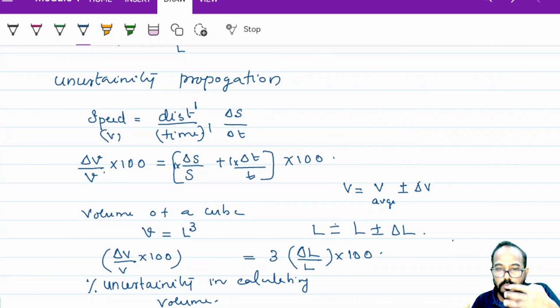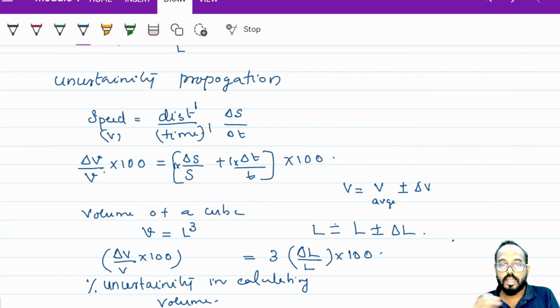If you use this measured value to calculate a physical quantity using an equation, what happens? This error will propagate in that calculation. How will it propagate? Each and every uncertainty you need to add. If you are finding out the percentage uncertainty, you need to add. When you add, you need to check that each uncertainty is multiplied with its power.